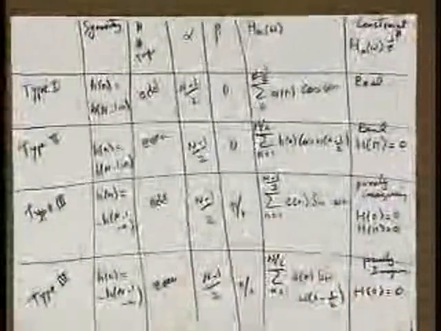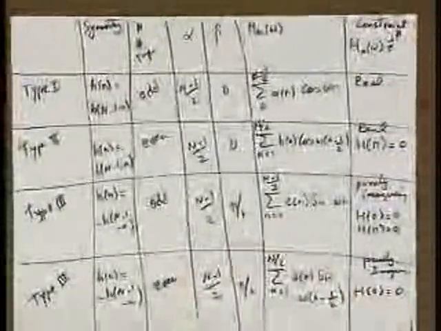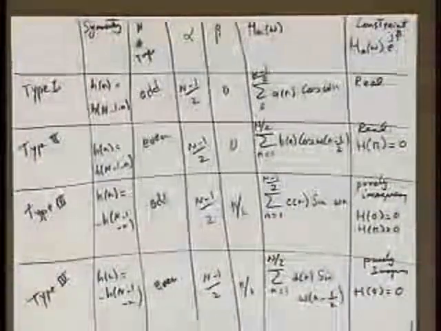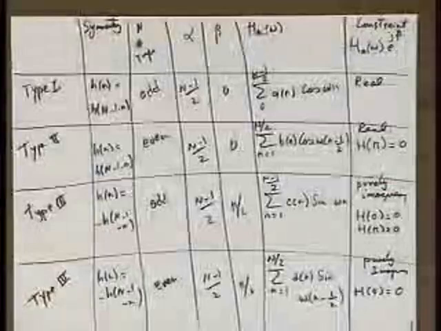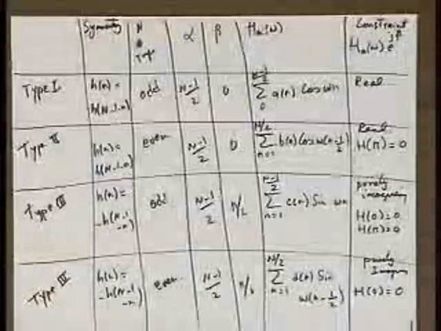Let me give you a little bit of a hint as to where you can find the discussion on these type 1, type 2, and linear phase things in Oppenheim and Schafer.